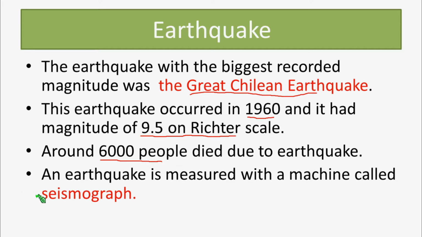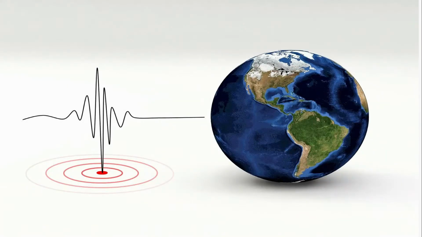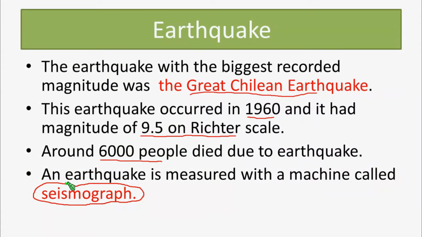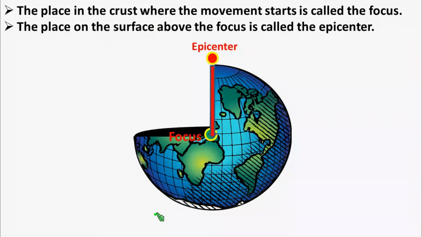I have already told you that a seismograph is a machine which is used to measure the intensity of an earthquake. The place in the crust from where the movement of the earthquake starts is called the focus.